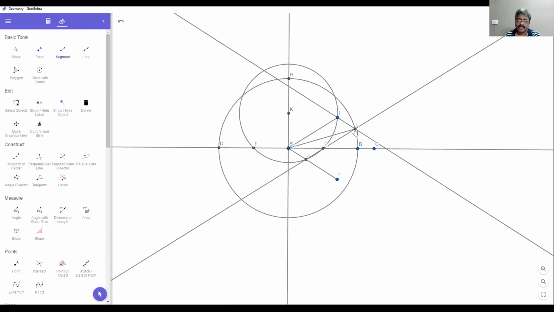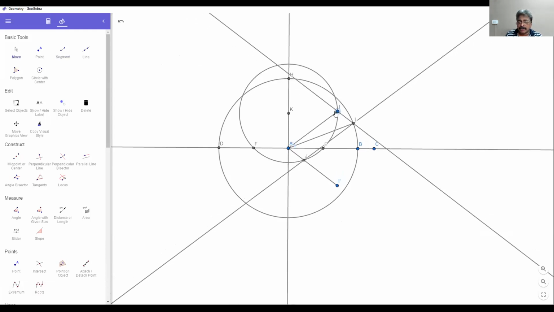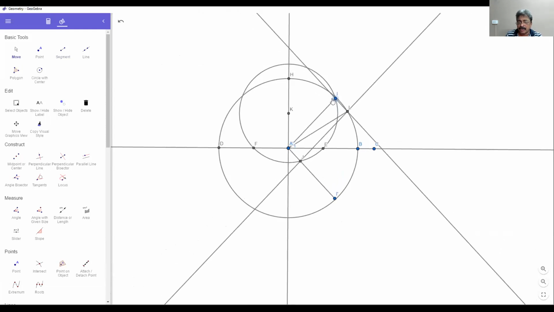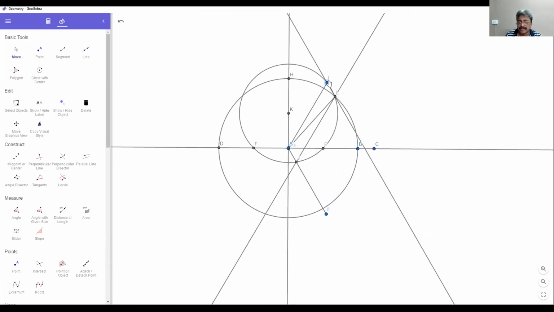Now how far is L from origin? It is A dash B. So I have drawn a circle which is of radius 2 units. That is what we have been given: z plus 1 upon z is 2. So now if I move this point I, we will observe the locus of L. And the locus of L is a circle.